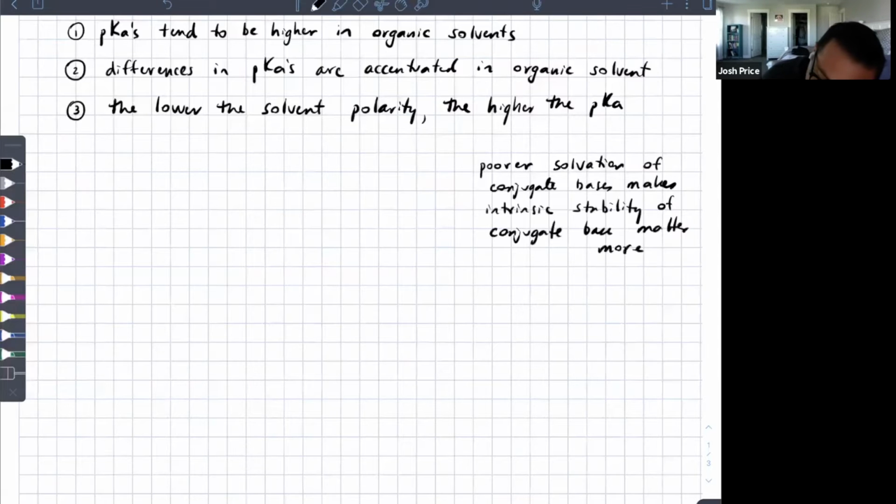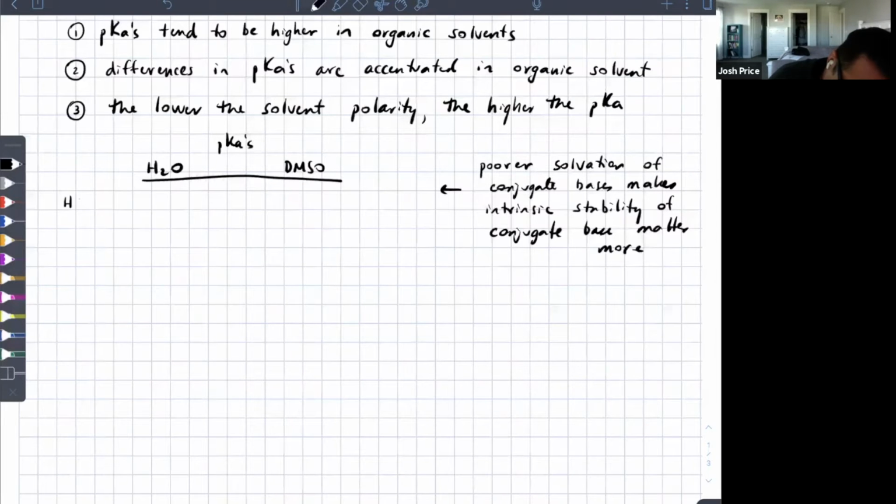So as an example of that principle, you can compare in water and DMSO the pKa's of these acids, and we can actually just look at the halogen series HBr, HCl, and HF.